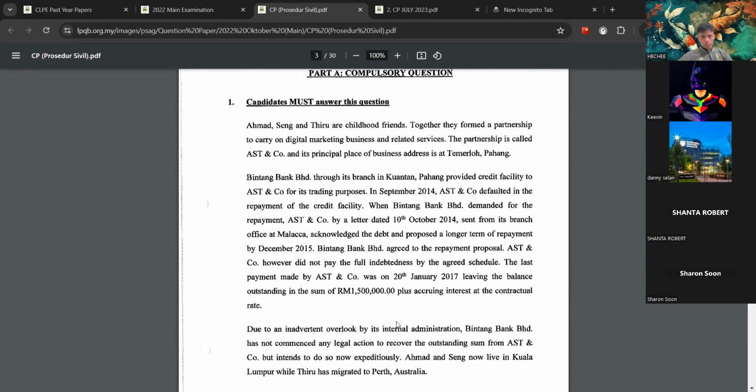Second thing, which court? Now, you may share your answer in the group chat.